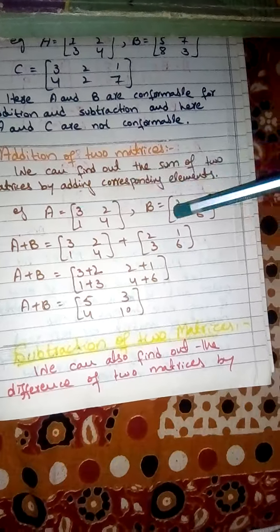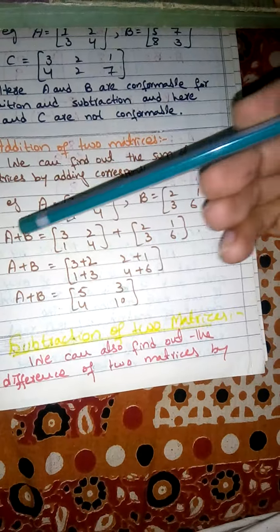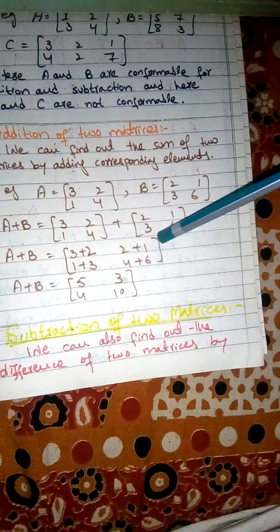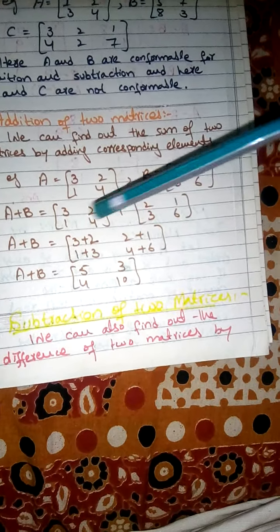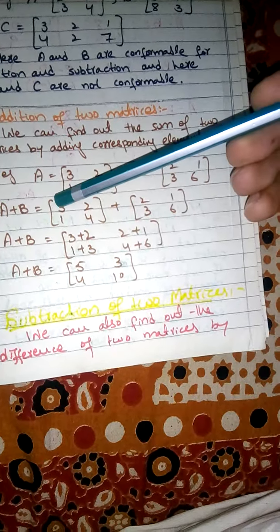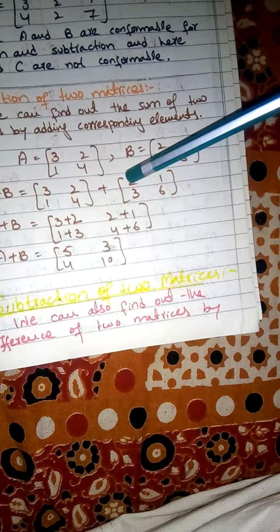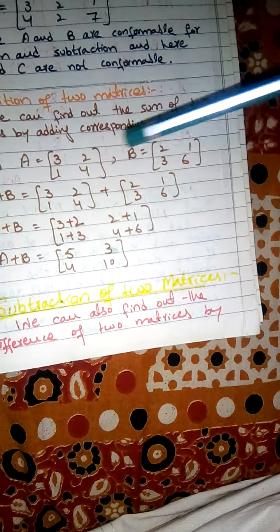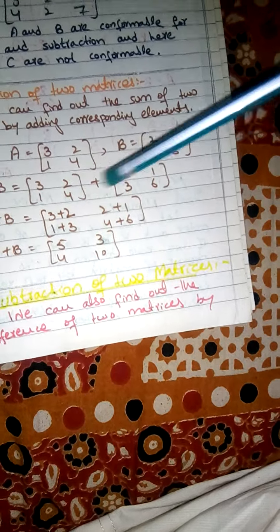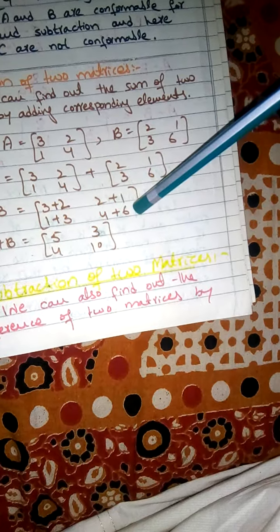If we have to add these two matrices A and B, first of all we will write A plus B is equal to first matrix plus second matrix, and in the third step we will add the corresponding elements. Corresponding elements mean the first element will add with the first element of the second matrix, the second element with the second, third element with third, fourth with fourth: 3 plus 2, 2 plus 1, 1 plus 3, 4 plus 6.